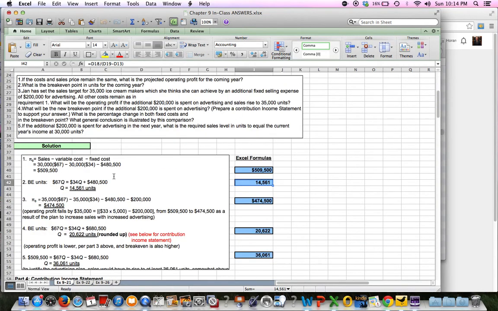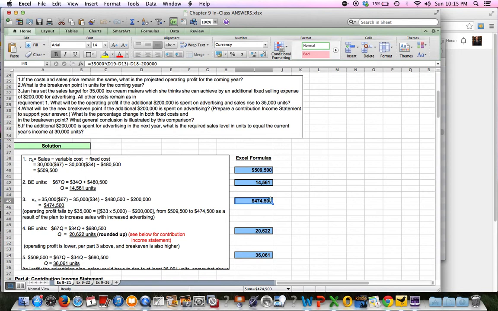And the next one is what happens if she adds to her fixed cost, and how much money will she make if she can sell 35,000 units? And the question then really is, should she do that, yes or no? And so you can see the formula right here in Excel.